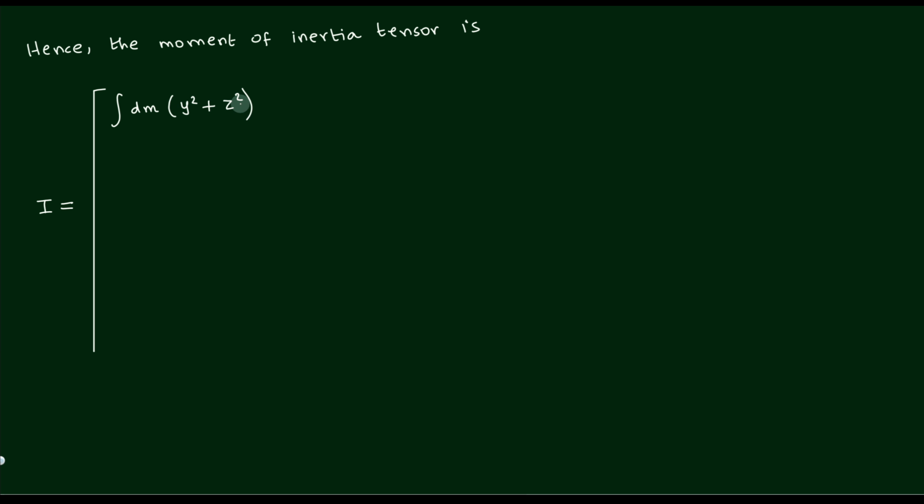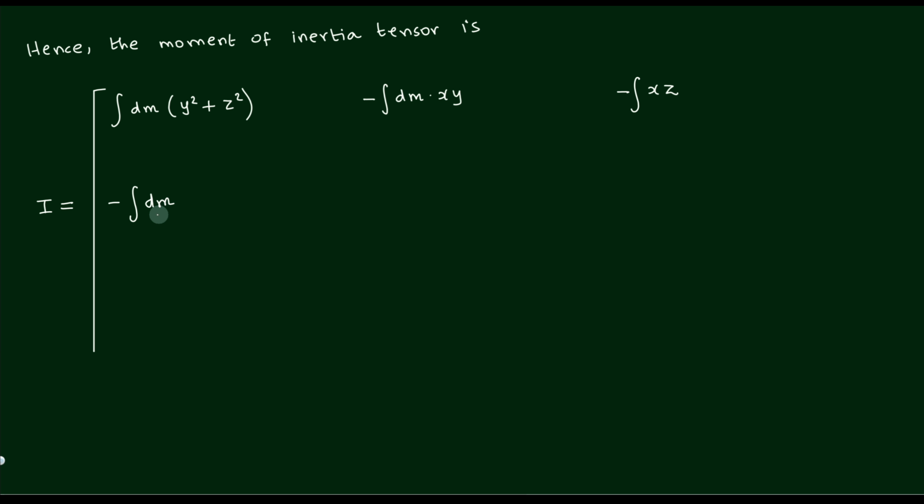Now for the other elements, you keep the previous notes with you and then write them down easily. I will not go back and forth on this board, that will be difficult. The last term would be minus, I think, x times z, and then you fill it. But be careful to write the integral with a dm, because dm is going to tell you the differential element.